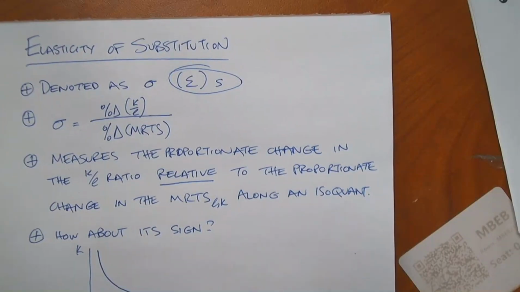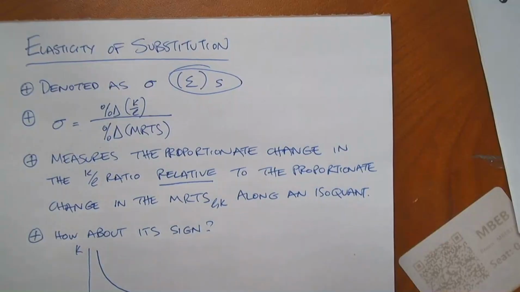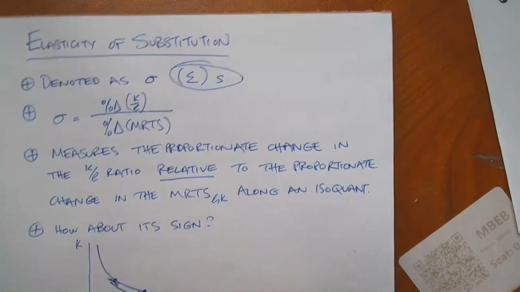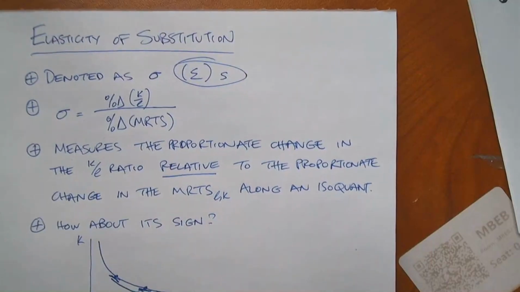How do the MRTS and the capital to labor ratio change? For example, let's go with the story of a diminishing marginal rate of technical substitution. Let's say you're moving from here to here, right? So you have this MRTS over here being this slope. What has happened to the slope?